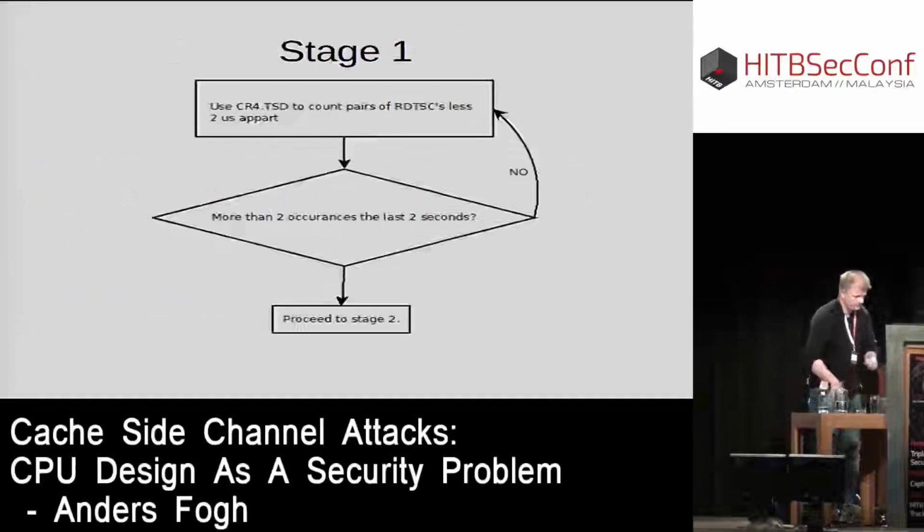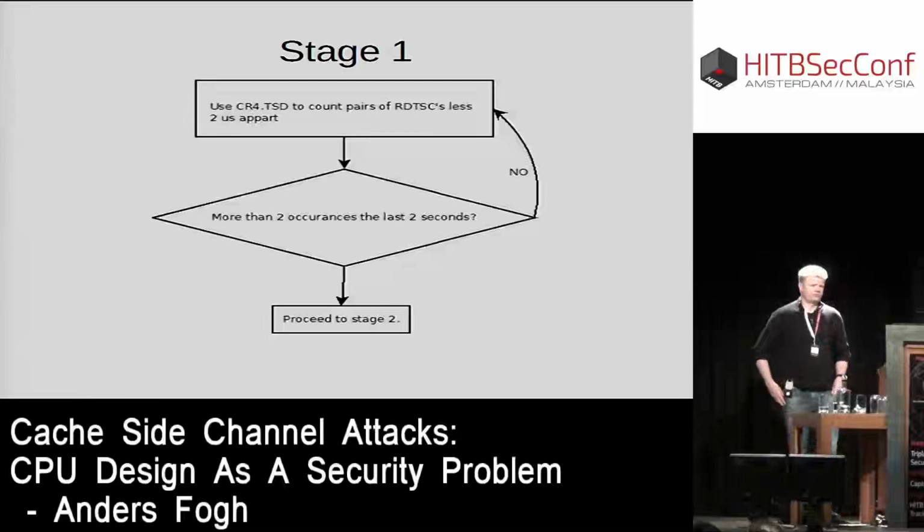So, I have designed this detection to be a two-stage detection. I have two reasons for doing this. The first reason is that the second stage is expensive performance-wise, and thus we want to avoid doing it on benign applications.